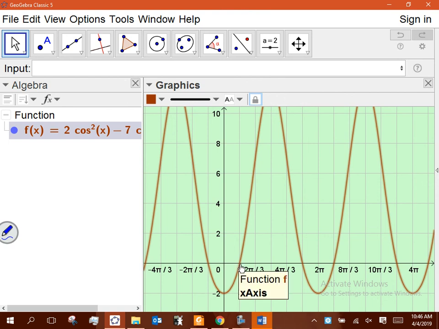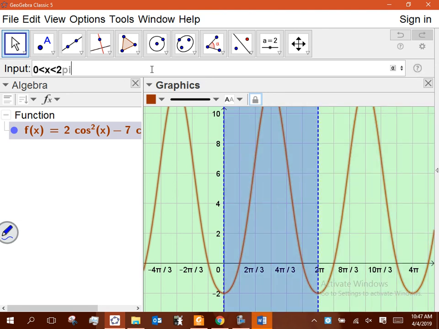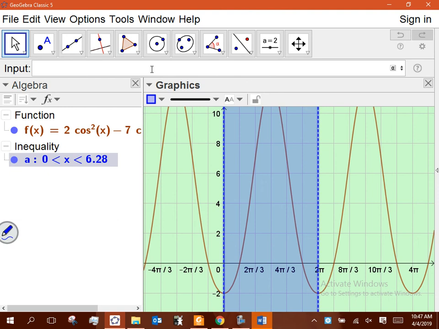Right here, hopefully you see it, that's pi over 3. Right here, if that's 4 pi over 3, that'd be 5 pi over 3, this is 6 pi over 3. So 5 pi over 3. Is that where our solutions were? Pi over 3 and 5 pi over 3? Yeah. Okay. And those are then the only 2 spots between 0 and 2 pi that cross the x-axis. So that's why we only got 2 solutions there, right? Okay.